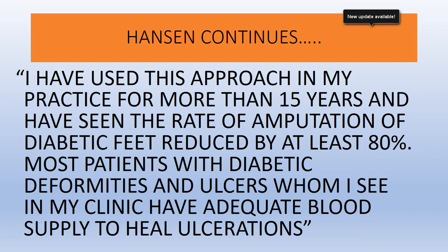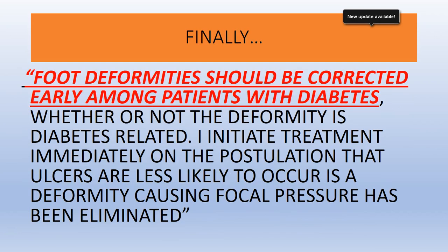And he related his experience in doing so for a number of years and felt that by reducing these deformities, he was able to reduce amputation rates rather substantially by as much as 80%. And this, of course, was provided that there was adequate vascular supply to heal. And it was his philosophy that foot deformities should be corrected early in patients that have diabetes, whether or not the deformity was related to the diabetes itself.